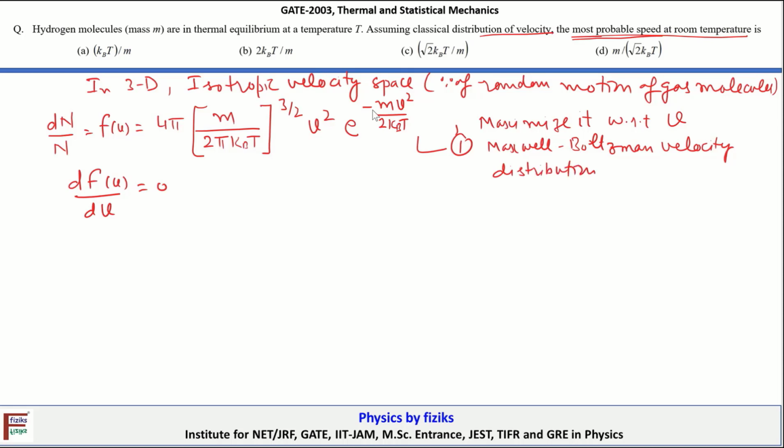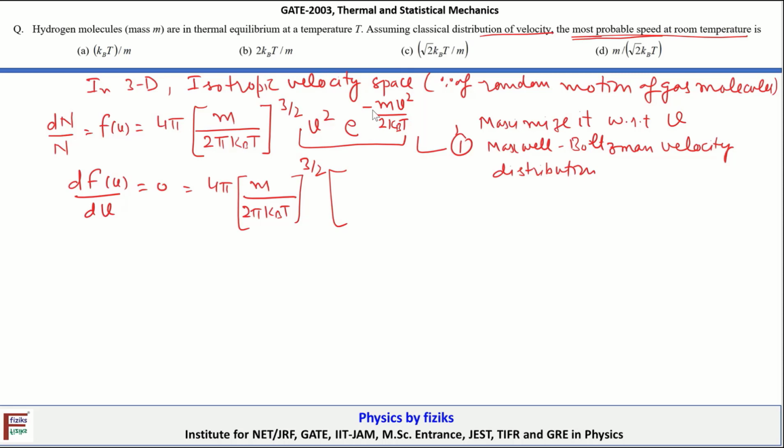Here, by taking its differential with respect to v, I'm keeping all the constant terms outside. This is equal to 4π (m upon 2πkT) to the power 3 by 2, and then the differential of these two terms with respect to velocity.